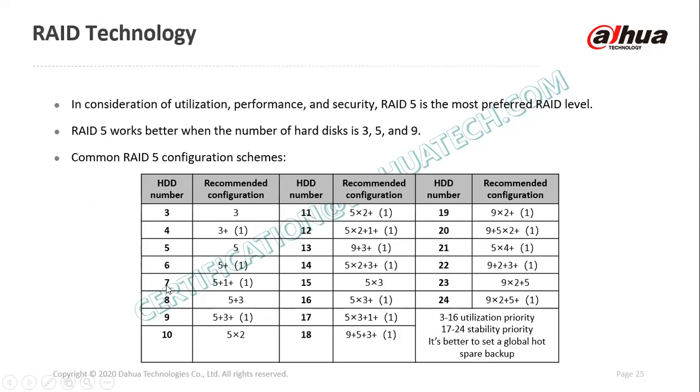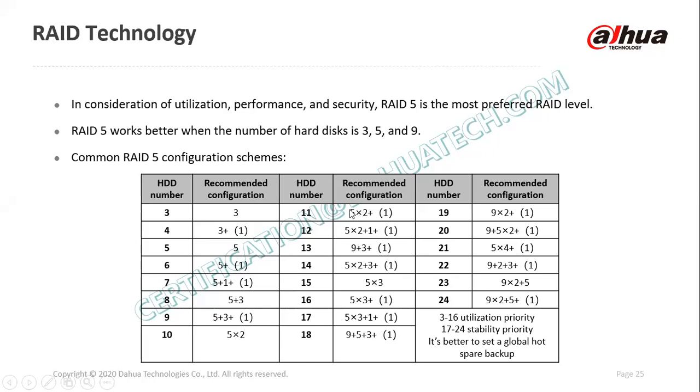If you have 7 hard disks, you would combine 5, then do 1 as hot swap. If you have 10 HDD, which one is the best? 5 times 2. You can combine 5 times 2.